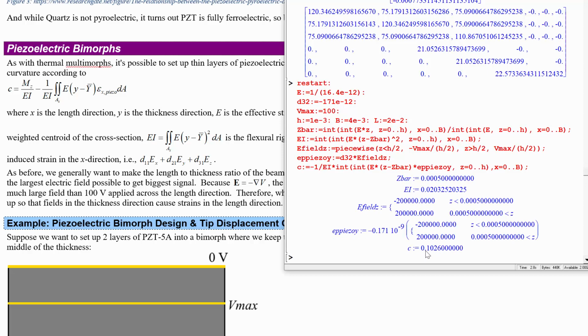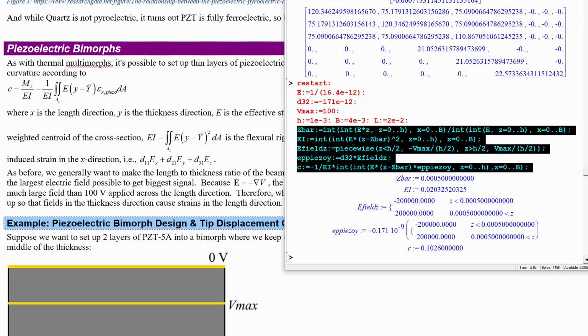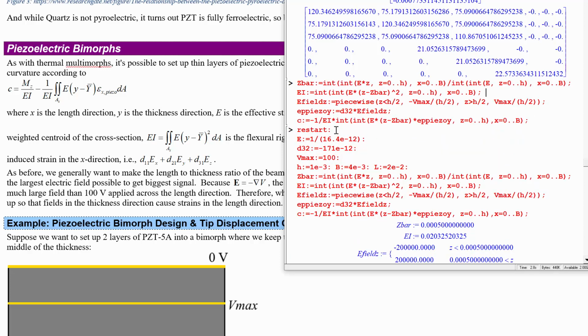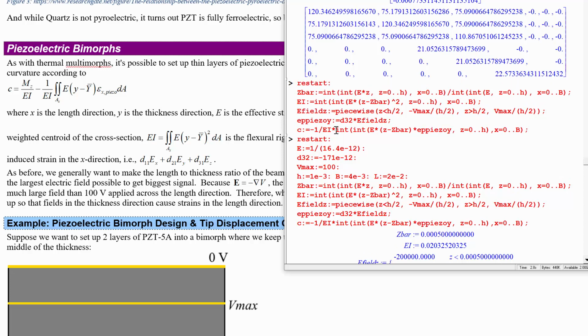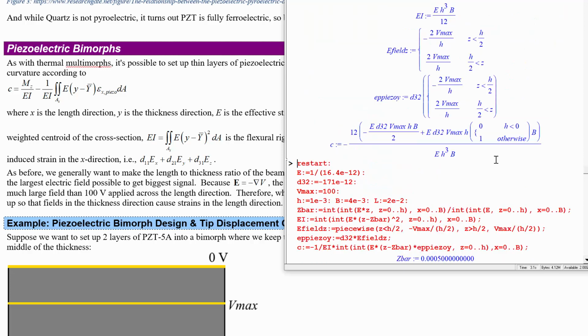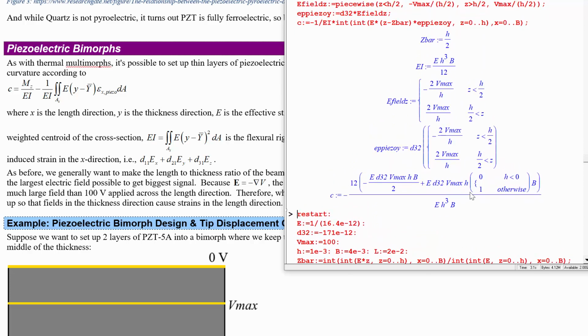Okay, so we've got a curvature of 0.103. And we can mess around with these things and see if some numbers make sense for us. So let's see how much can we actually calculate if we don't tell it the material parameters. How far can we get in this thing? Interesting. So if H is greater than 0, we've got a 1 there.